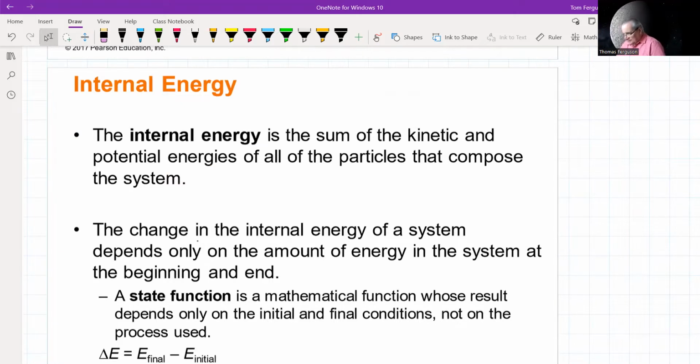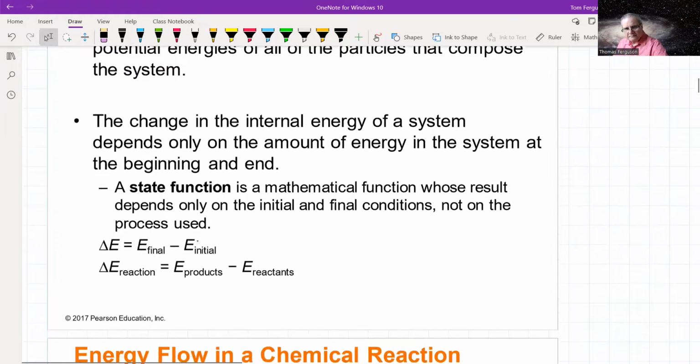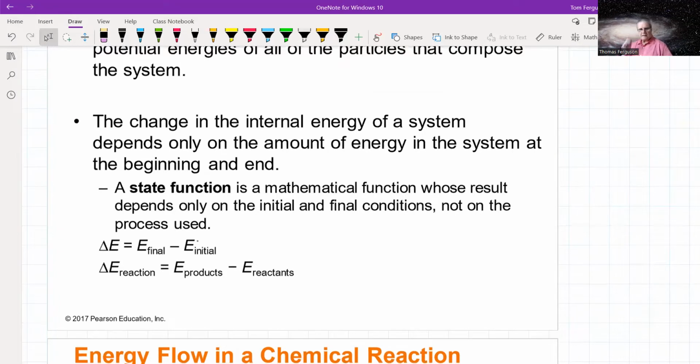There's a term called internal energy, which is the sum of the kinetic and potential energies that compose the system. Okay, a new term here called state function. It's basically what we start with and end with.